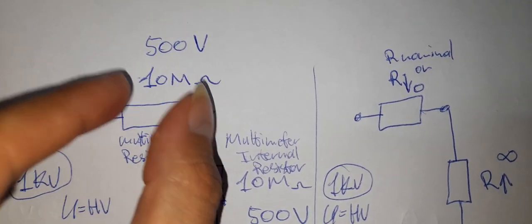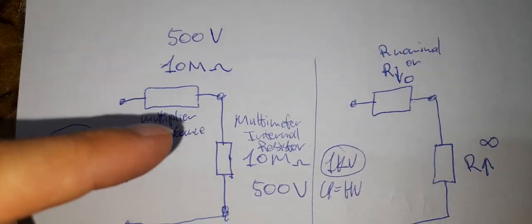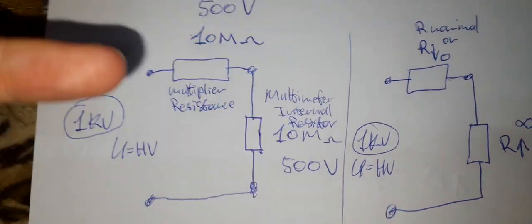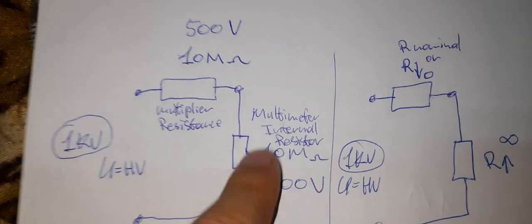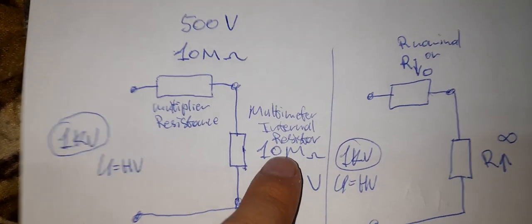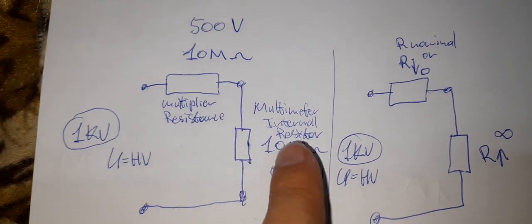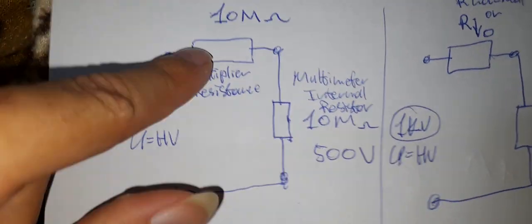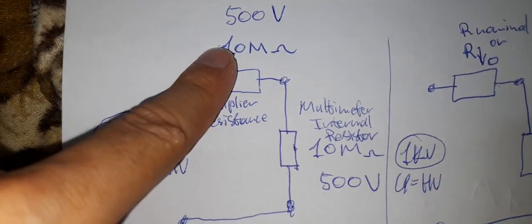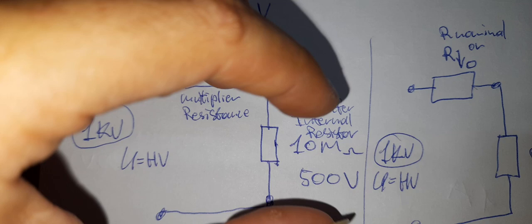That 10 mega ohm should be like a low value resistor compared to this here, and this should not be 10 mega ohm, but a higher value, because the higher the value of the resistor and the lower the resistance of the power supply, that gives a disbalance between voltages.